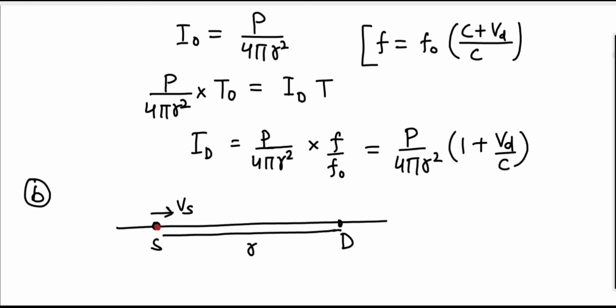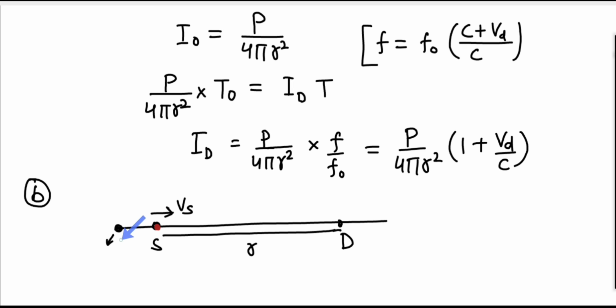So when the sound reaches the detector, this sound would have been released from somewhere behind, a position at a distance r. This is the position where the source was when the sound was released, which reaches point d, and at that same moment the source reaches this point here.